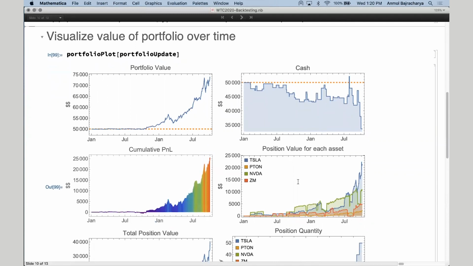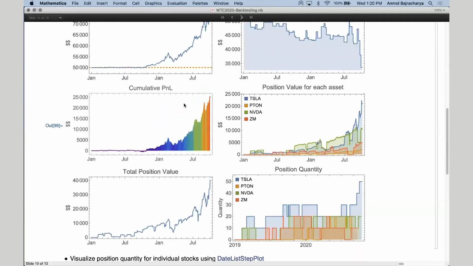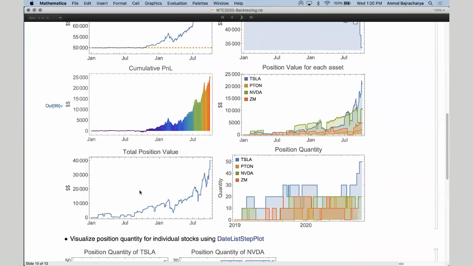So this is the visualization of the execution, the backtesting. Here we can see that you spend $50,000 in that strategy for 4 stocks, then at the end of this year, or in 2 years, you almost made $25,000. And this is the cash, this is the cumulative profit and loss, and this is the position.